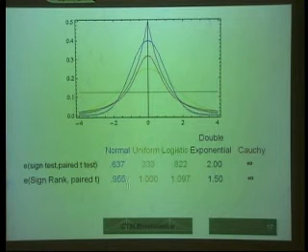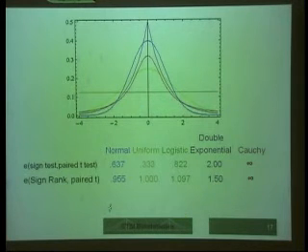On the other hand, if the data really came from this purple curve, the double exponential, the value is 2. So you're better off using the non-parametric test than the t-test. If you had 100 observations and you got the power you wanted with the t-test, you'd only need 50 observations with the sign test.